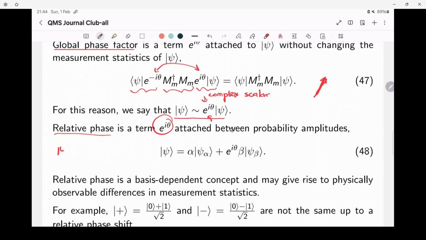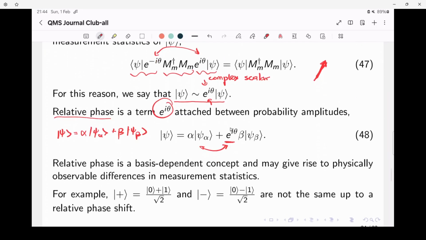In this case, if your original state is given by alpha psi alpha plus beta psi beta, your relative phase multiplies inside one of the probability amplitudes, and you cannot really factor this out, because the phase between alpha and beta always keeps this relative phase of e to the power of i theta. So we say that relative phase is a basis dependent concept, and it will give rise to some differences in your measurement statistics.